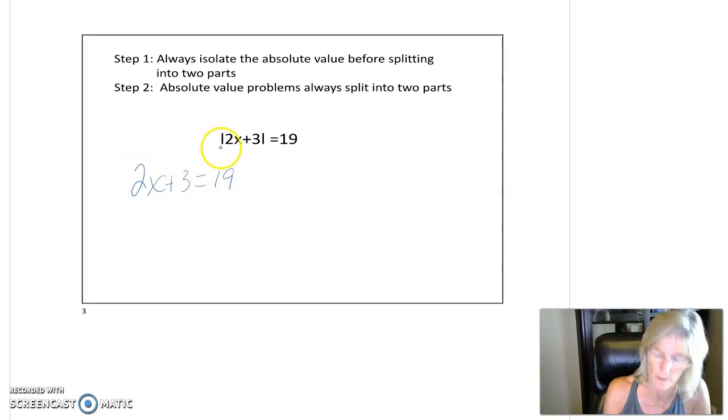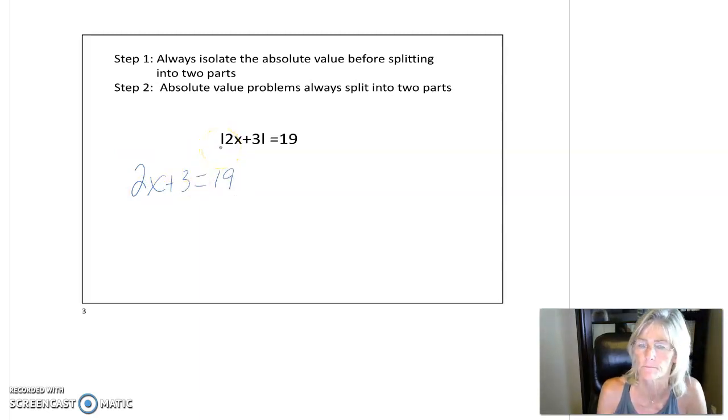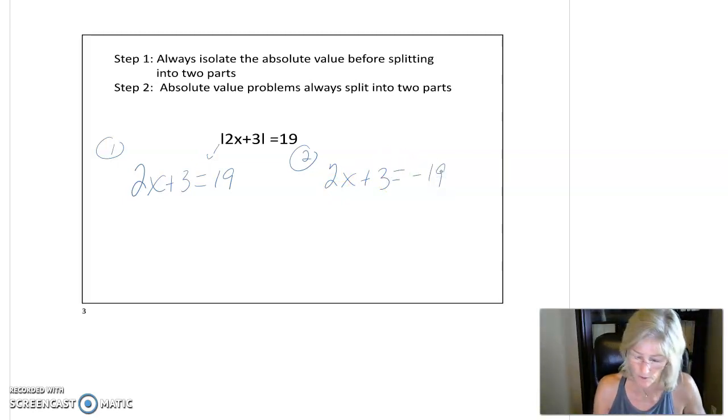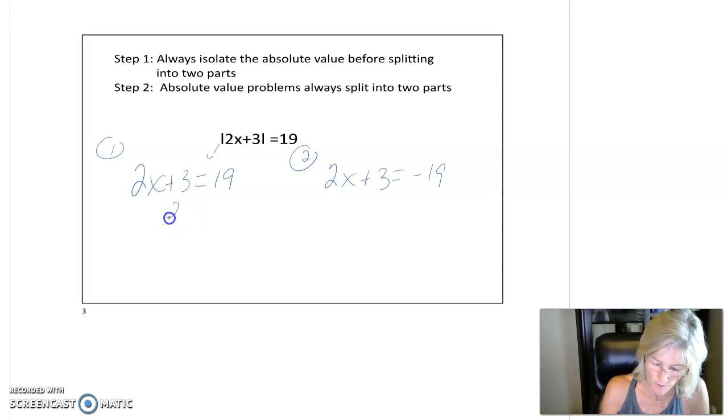And this is normally the exact same problem. Equation 2 is the exact same absolute value. We never touch what's in the absolute value, but we change the sign because we want to look at the negative side. So I'm going to subtract 3, divide by 2, and I get x equals 8.